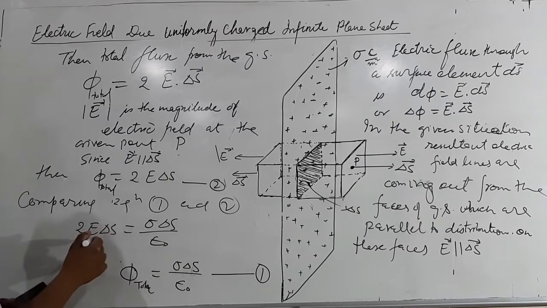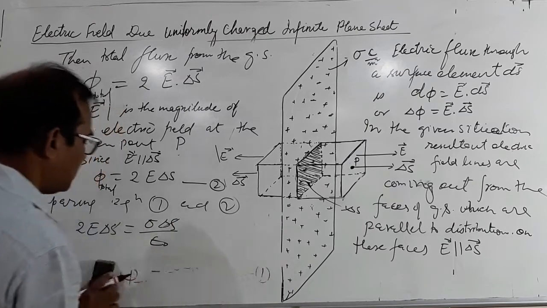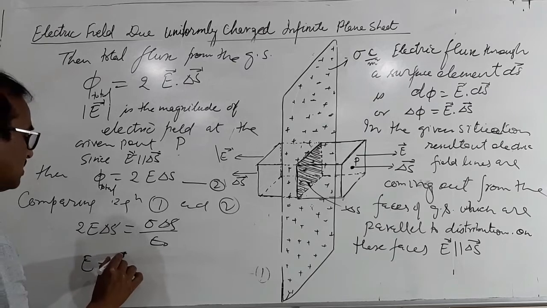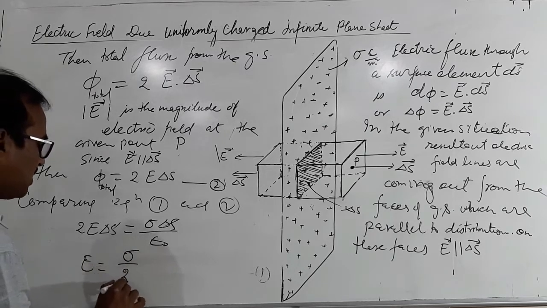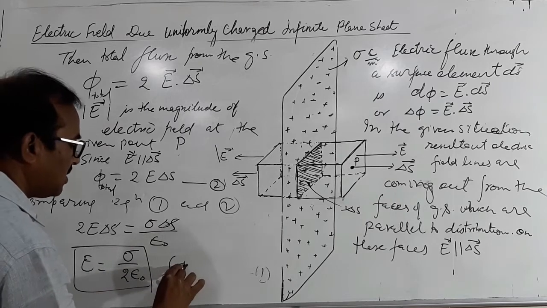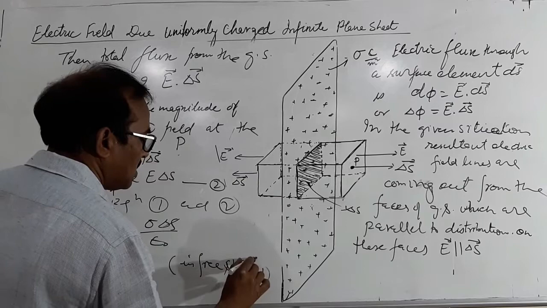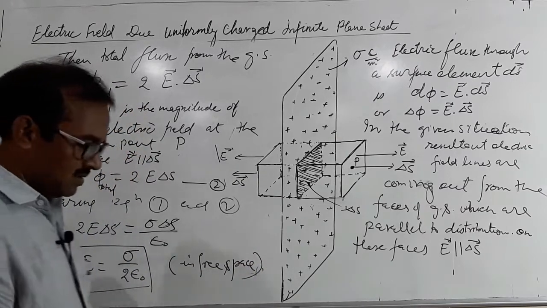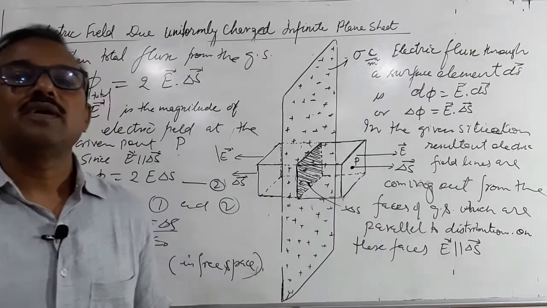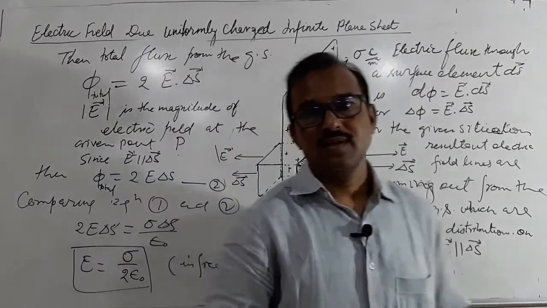Delta S gets cancelled, and the result is E equals sigma divided by 2 epsilon naught, in free space. This is the electric field due to an infinitely large charged plane sheet.